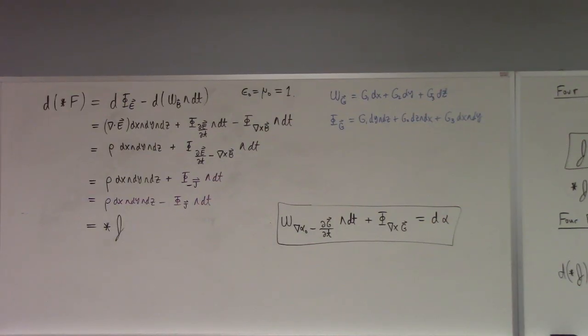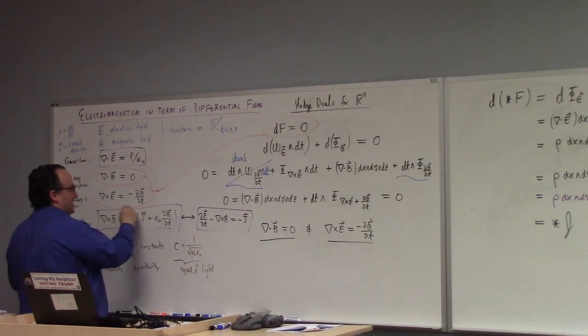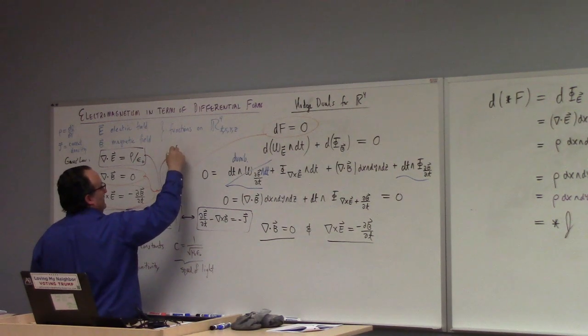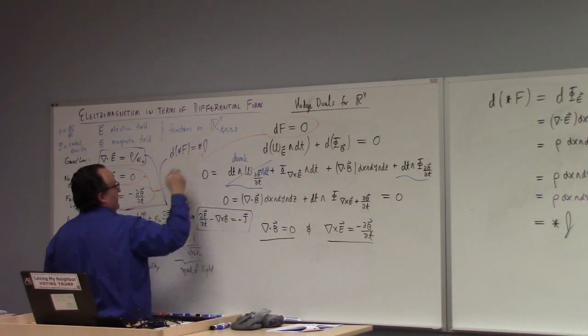So what I'm telling you is that, Daniel, go back over here. If we take these two equations, we can trade them for the exterior derivative of the Hodge dual of F is equal to the Hodge dual of the four-current.